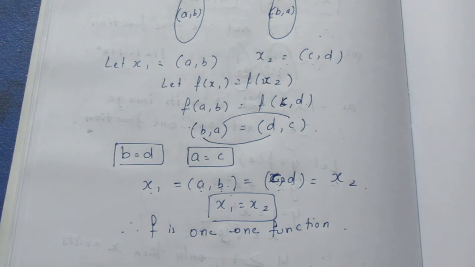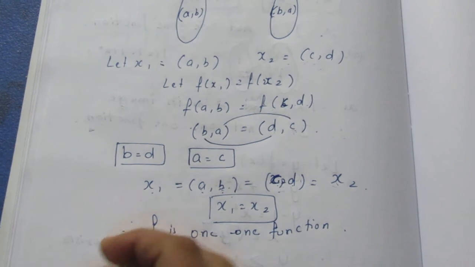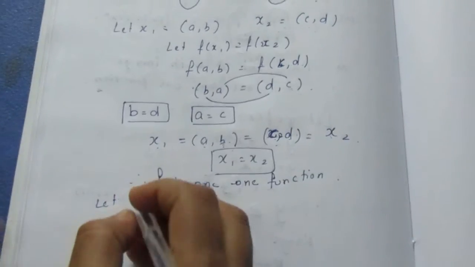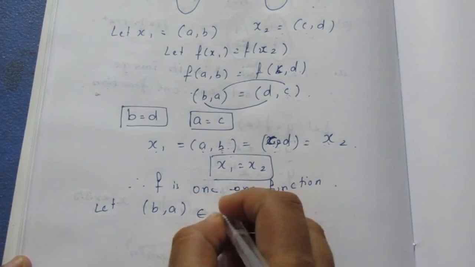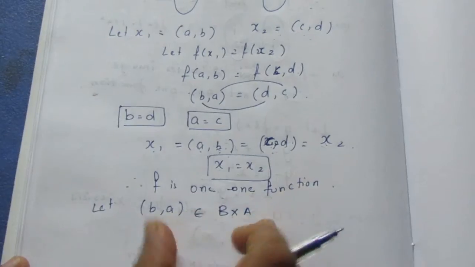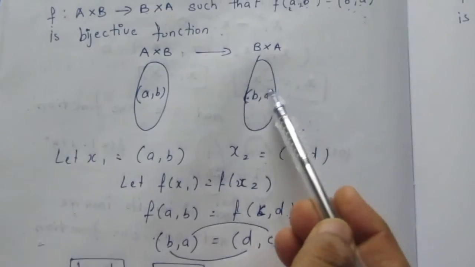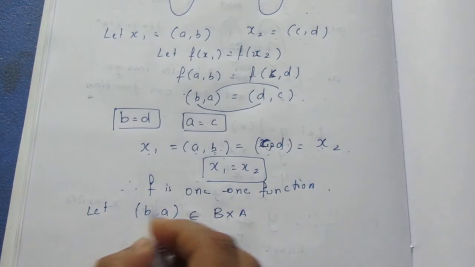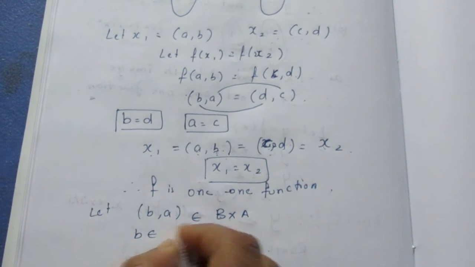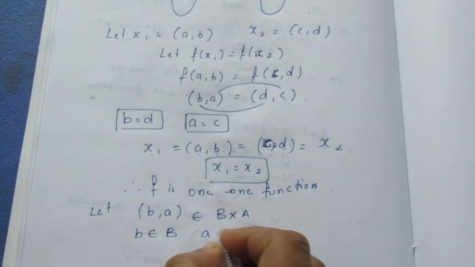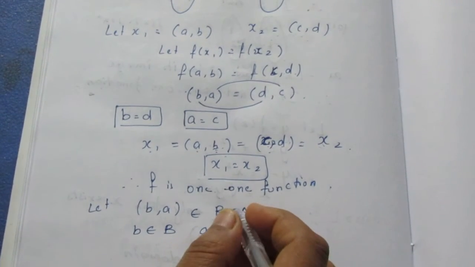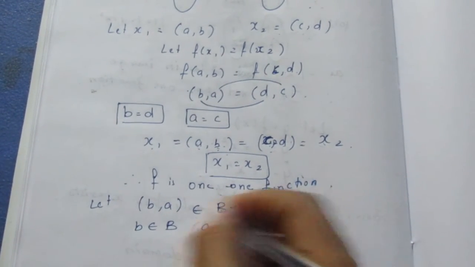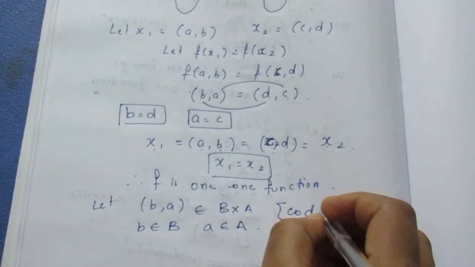For onto function, we know that the codomain is B cross A. Let (b, a) belong to B cross A. That means b is an element of B, and small a belongs to capital A. This is your codomain.